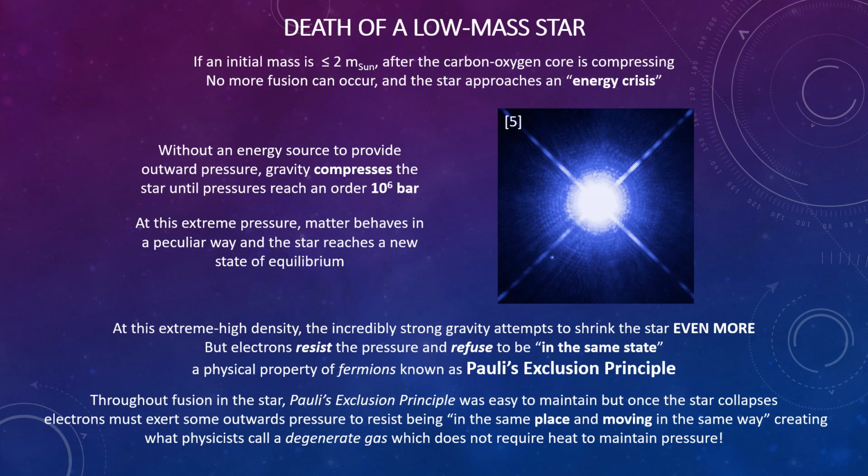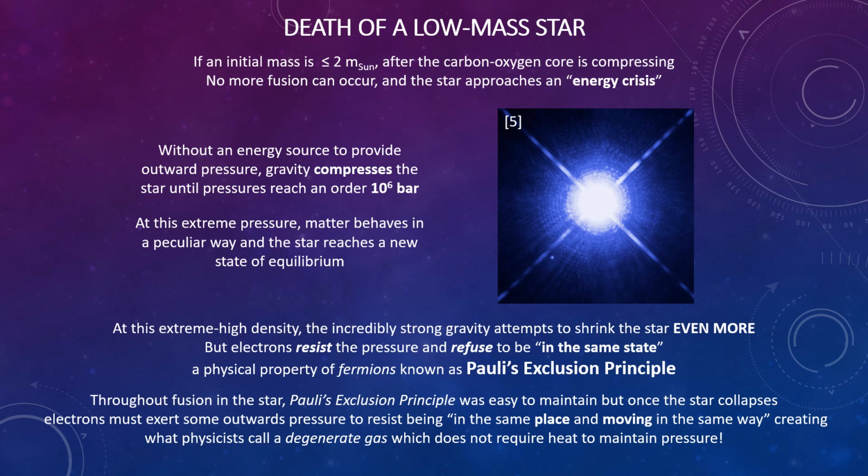And so the electrons actually resist this pressure because electrons don't want to be in the same energy state. This is known as Pauli's exclusion principle and is due to the fact that electrons are known as fermions. That is, they are a type of particle that has different spin statistics.